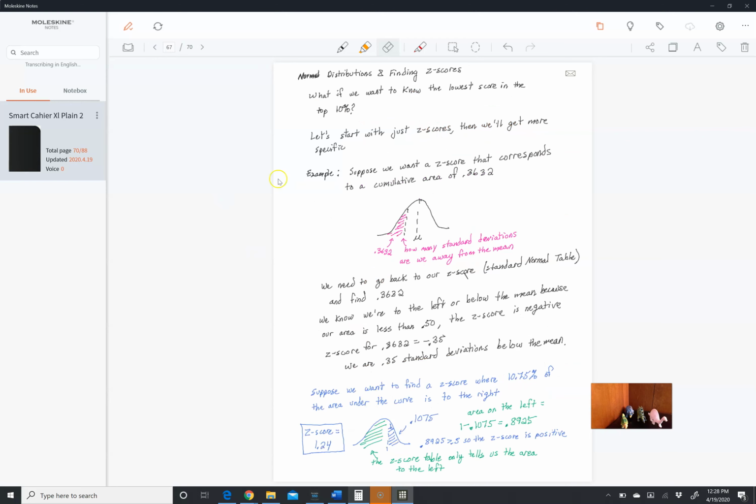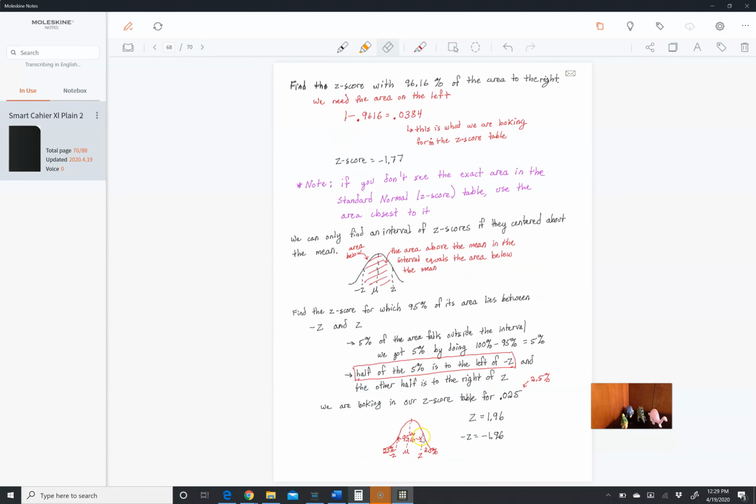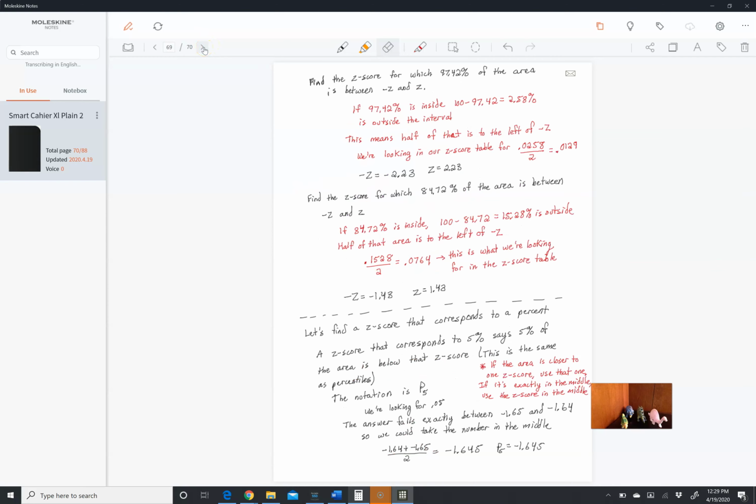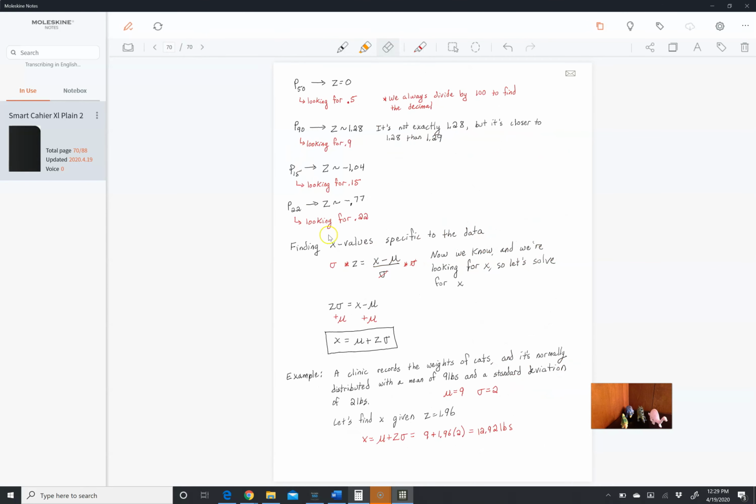I remembered this problem, where when z is equal to 1.96, we have this much data before. So 95 plus 2.5 is 97.5. So this is saying 97.5% of the cats will be less than 12.92 pounds. Okay, that's what this is saying. Let's do another one.